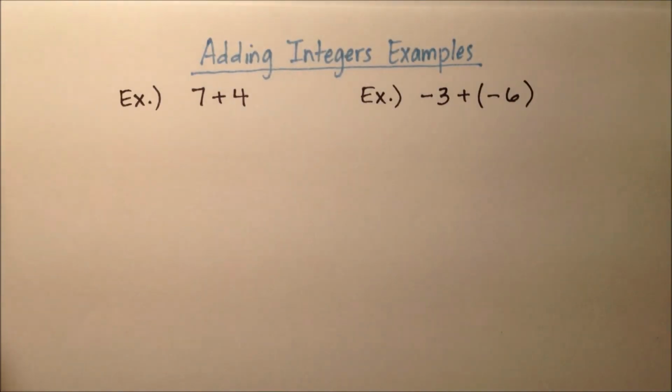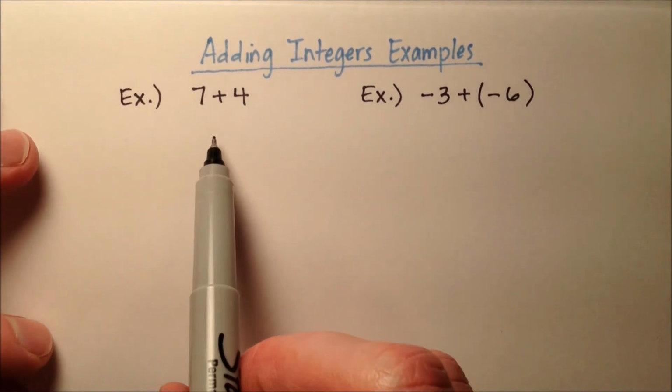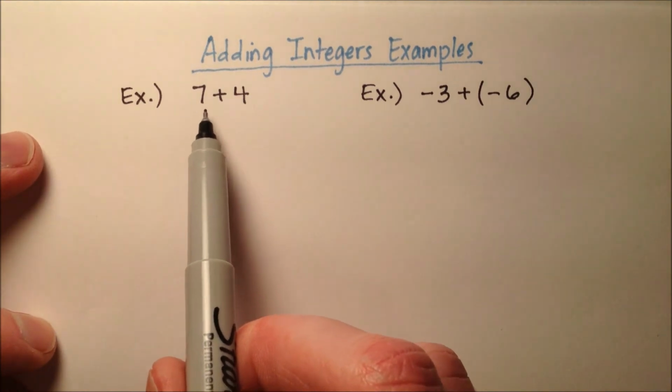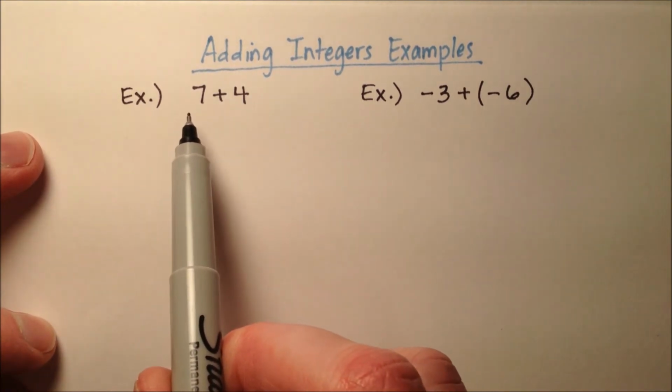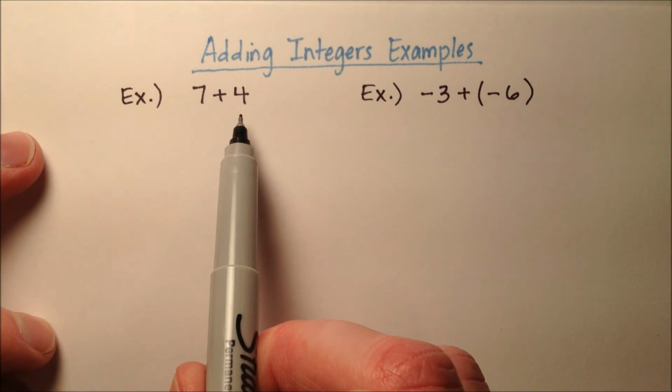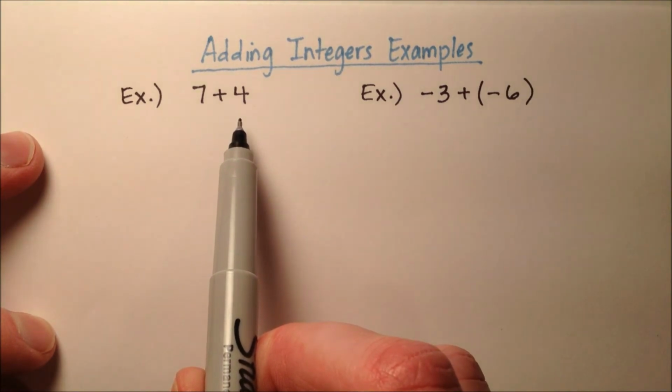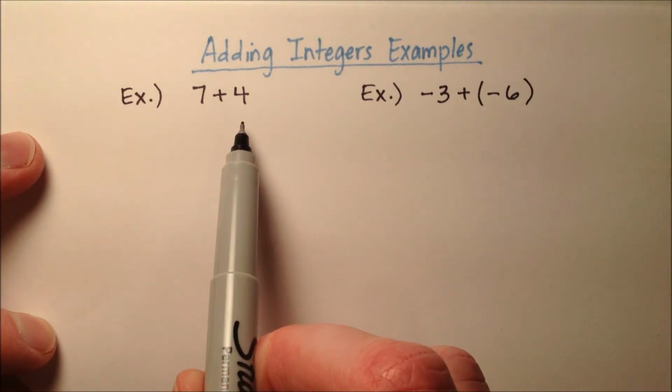Now let's take a moment and look at some examples of adding integers. In both of these examples, you'll notice that the addends have the same signs. The first example, both of them are positive, a positive 7 being added to a positive 4. So what did we say the rule was? If you're adding numbers with the same signs, add their absolute values and keep the sign of the larger.